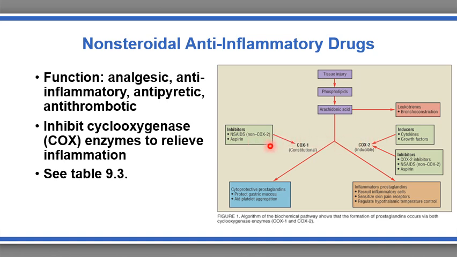They limit it at the cyclooxygenase level, and you see the difference between cyclooxygenase 1, or COX-1, and cyclooxygenase 2. Cyclooxygenase 1 is the enzyme that looks at overall protection, like your general body functions. They protect the gastric mucosa. They affect platelet aggregation. Cyclooxygenase 2 deals more specifically with inflammation.